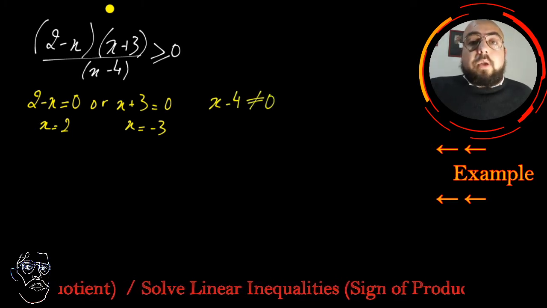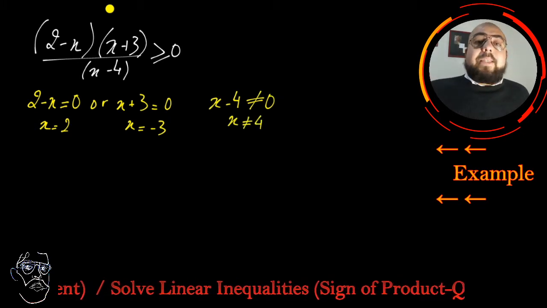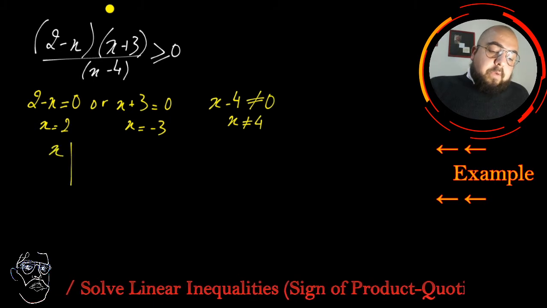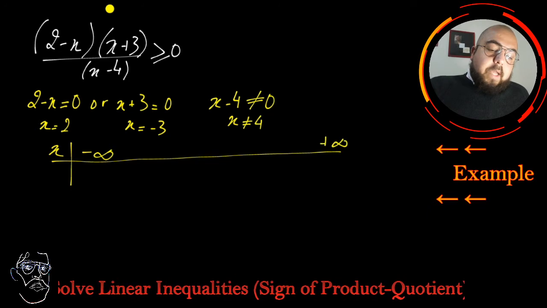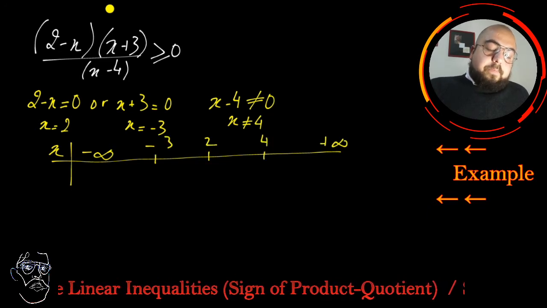The denominator cannot be equal to 0, so x different than 4. And you add all these values in your table. So x going from minus infinity to plus infinity, the values are minus 3, 2, and 4.